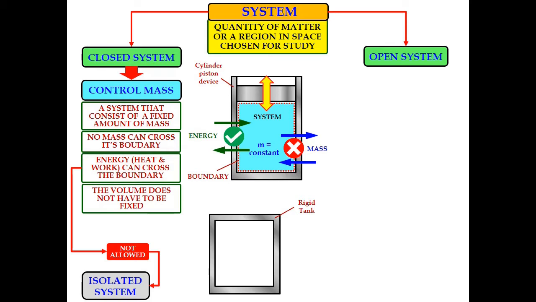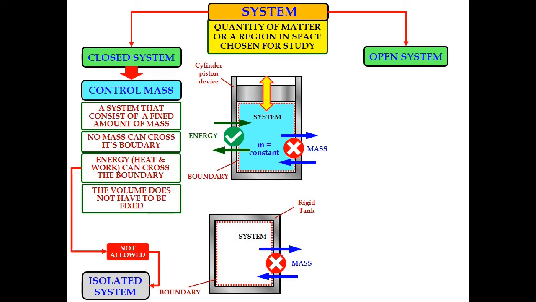For example, if we have a rigid tank with a boundary, whatever substance is inside the rigid tank we consider as the system, and this rigid tank is a closed system where we do not allow any mass in or mass out across the boundary.